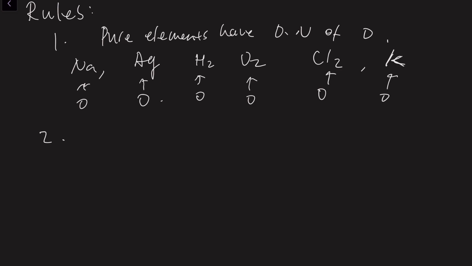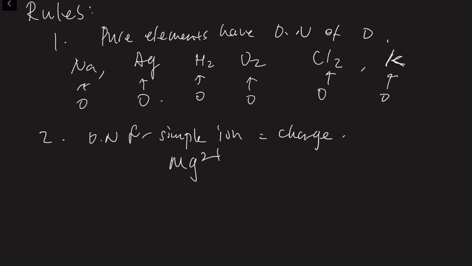Second rule, oxidation number for simple ion is equal to the charge. For example, magnesium ion, the oxidation number is 2.